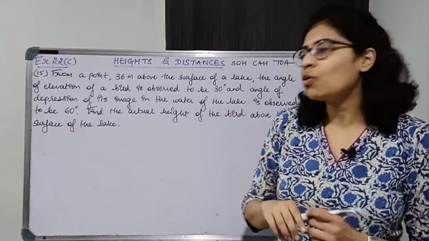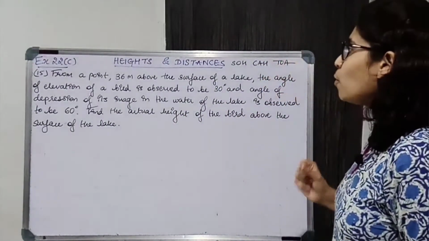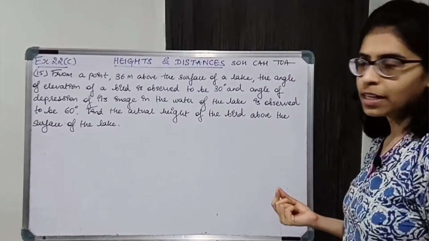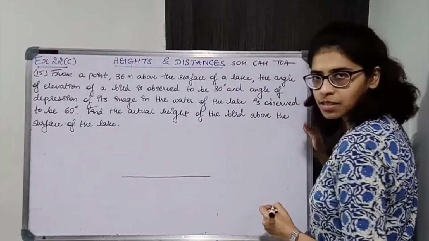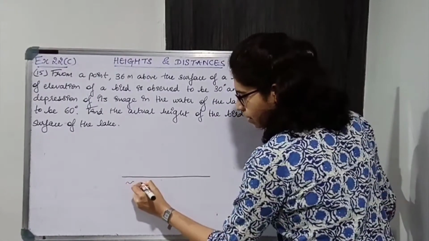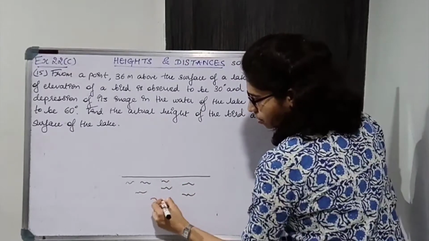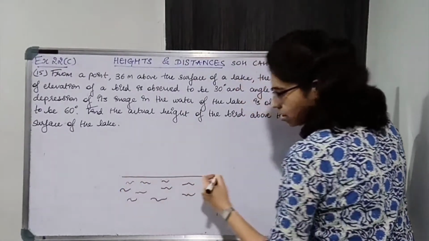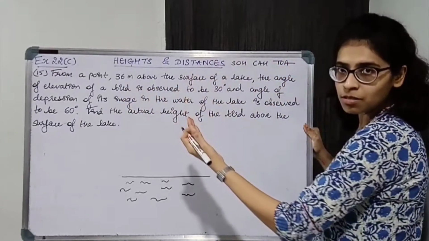Alright, so let us draw the diagram now. From a point 36 meter above the surface of a lake, so there is a surface of a lake. Let's say this is the surface of a lake, this is water. So this is the surface. From a point 36 meter above the surface of the lake.